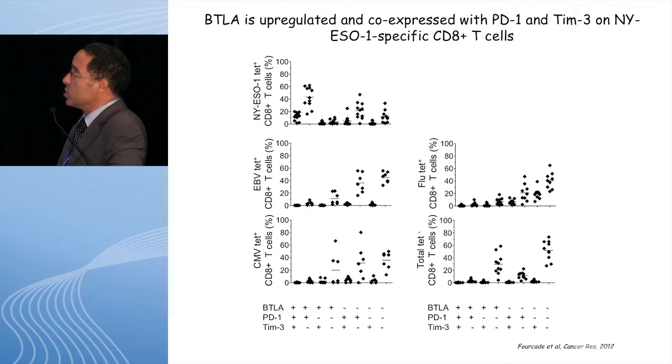This is a summary slide where we are now playing with three markers, not only PD-1 and TIM3, but also BTLA. I would just draw your attention to these two parts of the slide, where you can see that, as compared to virus-specific cells from the same patient, you can find a significant subset of cells recognizing the antigen NY-ESO-1 that co-express PD-1, TIM3, as I previously reported, and BTLA.